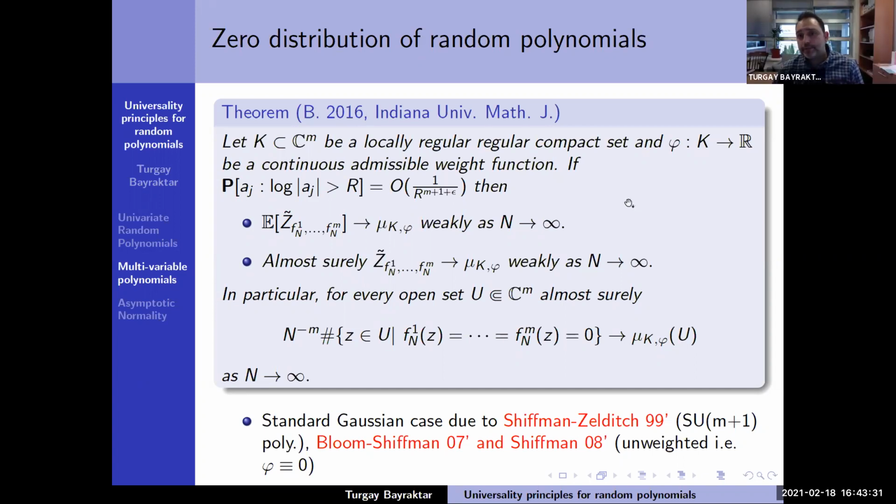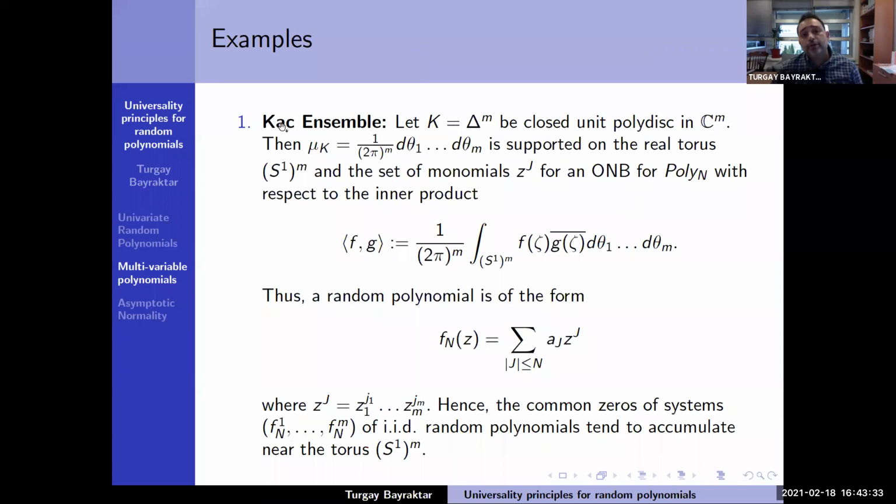Let's give some examples. The generalization of the Kac ensemble would be, you would just take this torus. Either you can take K to be the torus, or you can take K to be the polydisk. You end up with the same result, and then your phi here is 0.